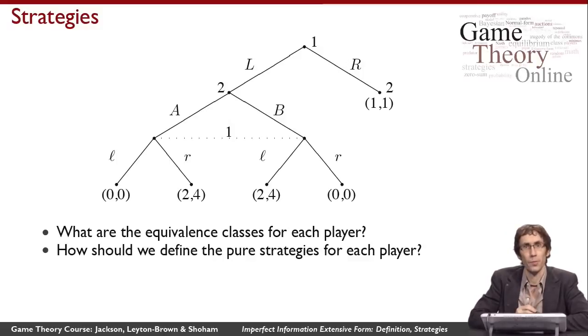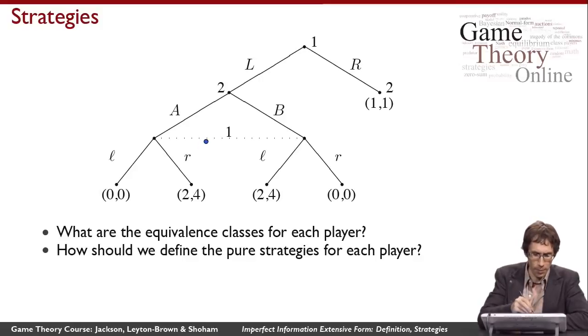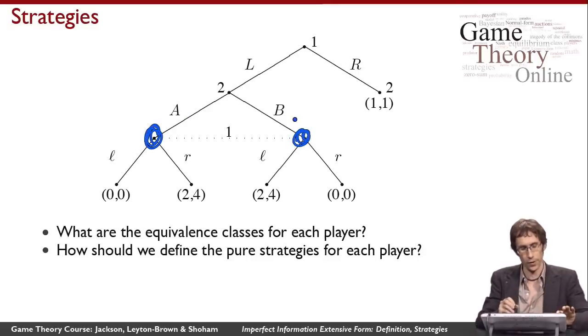So how should we define the pure strategies for each player in this game? What's going to make sense as a definition of pure strategies? Well, intuitively, remember before what we said was that we had the cross product of all of the different action sets for each player. We don't want that here because we don't want it to be possible for player 1 to do something different in this choice node and in this choice node.